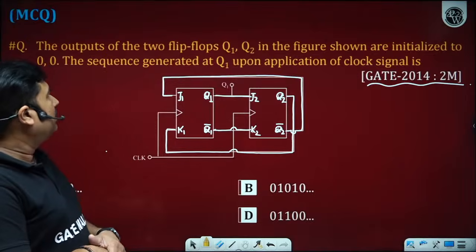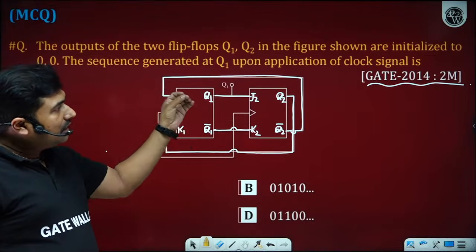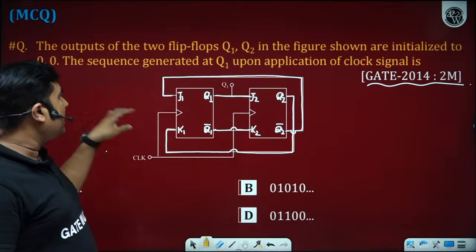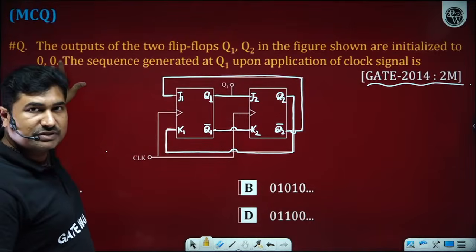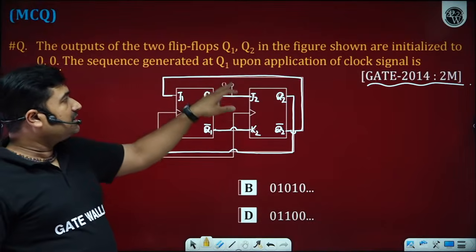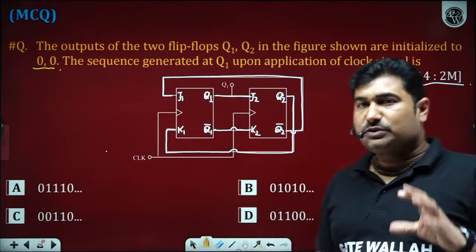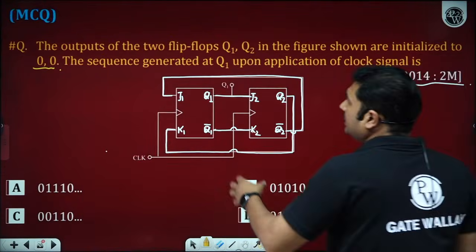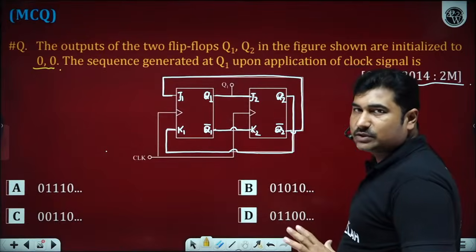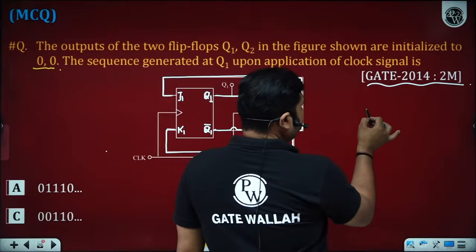Let's observe. The outputs of the two flip-flops Q1, Q2 in the figure shown are initialized to 0, 0, meaning initially Q1 and Q2 are 0, 0. The question asks for the sequence generated at Q1 upon the application of clock pulses. If we continue to apply the clock pulses, what happens with Q1? Now please observe how to solve this.